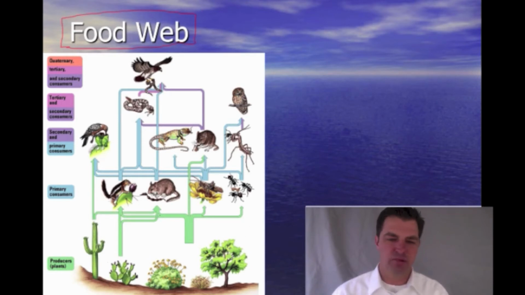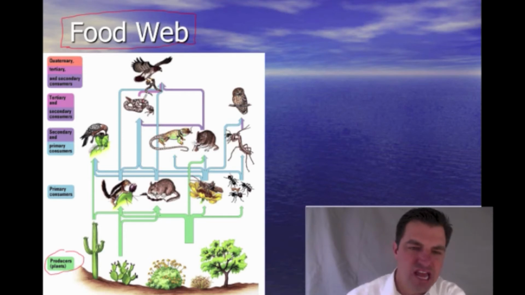So if you had a bunch of plants, for example, those are all the producers in this case, like some kind of desert ecosystem. But then you'll notice that different organisms feed at different levels. For example, the snake here might eat the mouse, and so might the hawk as well.